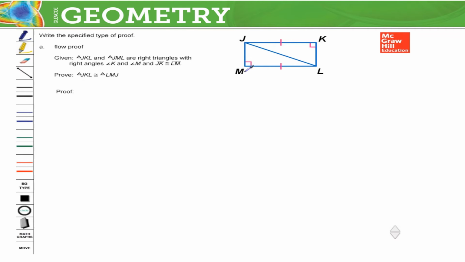Let's take a look at the diagram given. Triangle JKL and triangle JML are right triangles. So you'll notice that we have our right angles at M and also at K. Angle K and angle M are right angles.